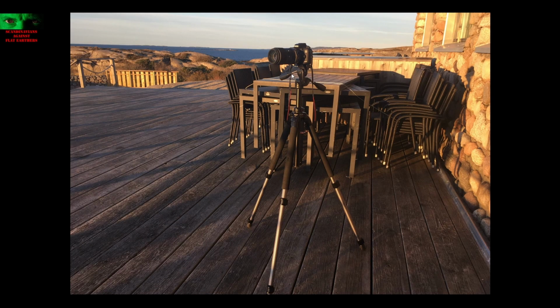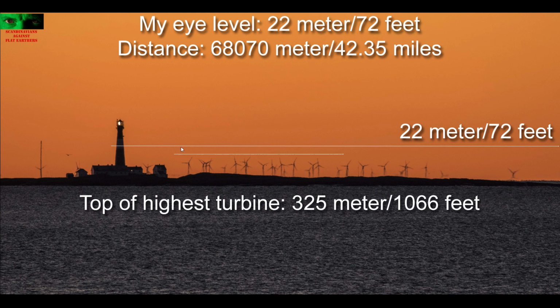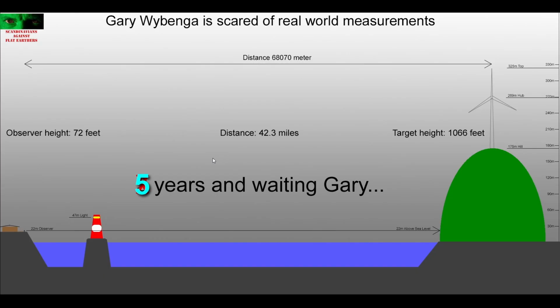No theodolite. So if this line here is my eye level shooting straight out, what dip are you talking about? What loss of vision would you have here? You see every single blade on the rotors down here. So nah. And then of course, if the Earth was flat, I would be standing down here and looking straight into that island. The hill they're standing on is 175 meters and the top of the turbine is at 325.